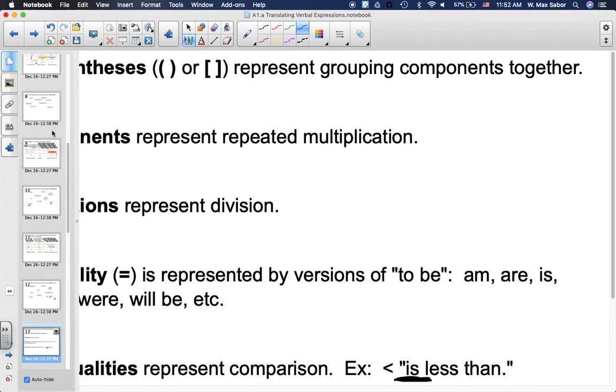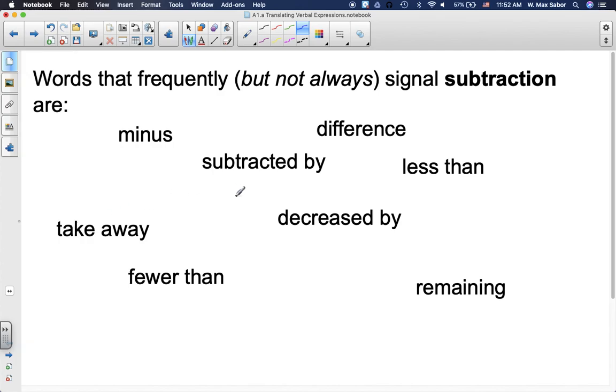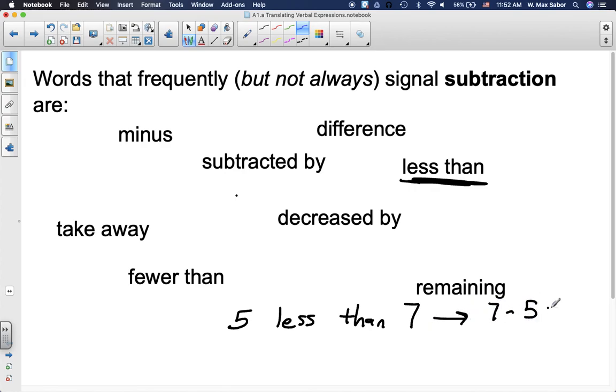But if we go back to the subtraction slide, we had less than signaling subtraction. So 5 less than 7 gets translated into 7 minus 5. Note that 5 less than 7 is 2, not negative 2.